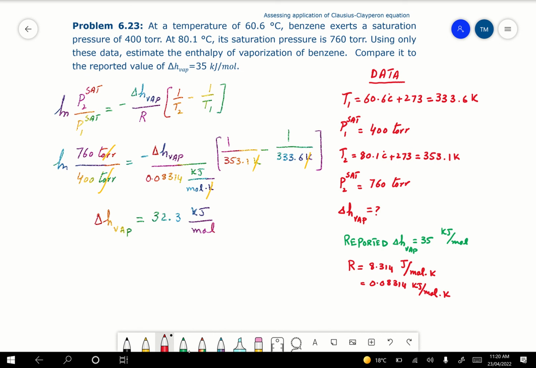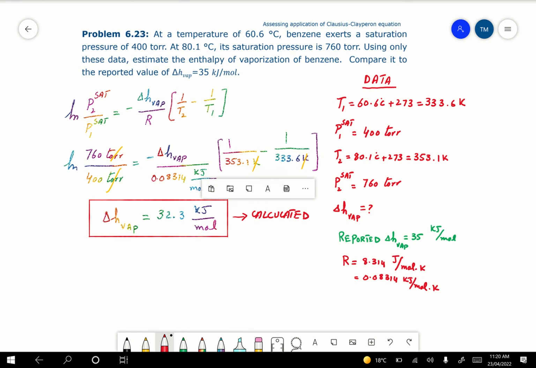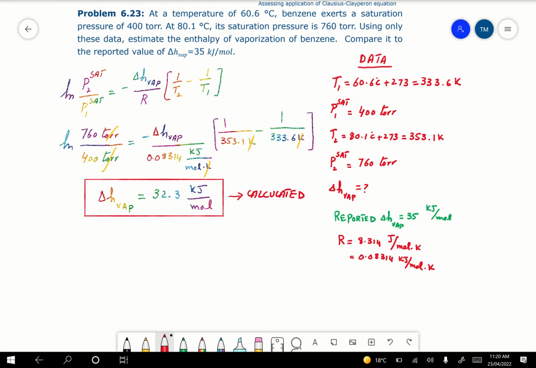So this is your calculated value. And now the second part is you need to compare it with the reported value, which is 35.